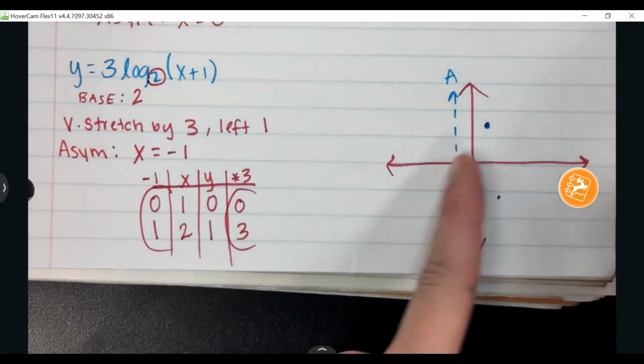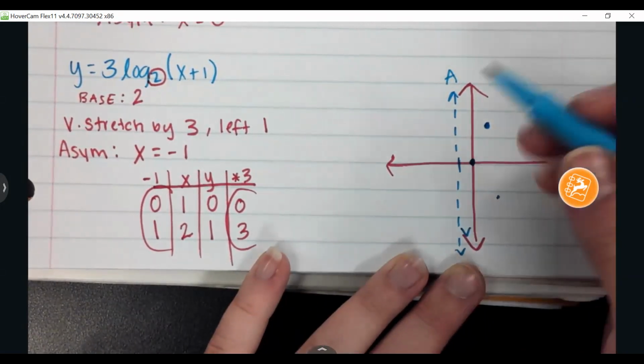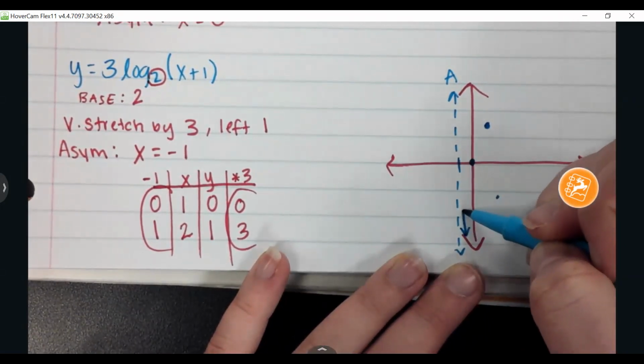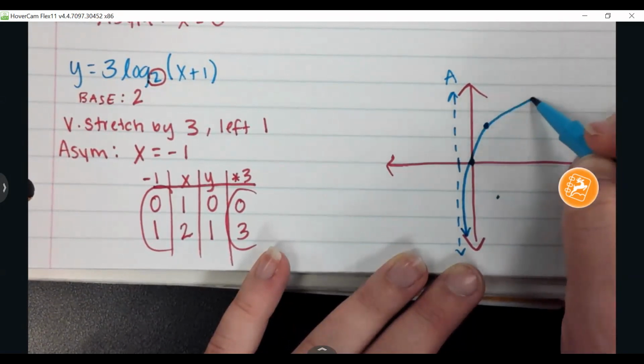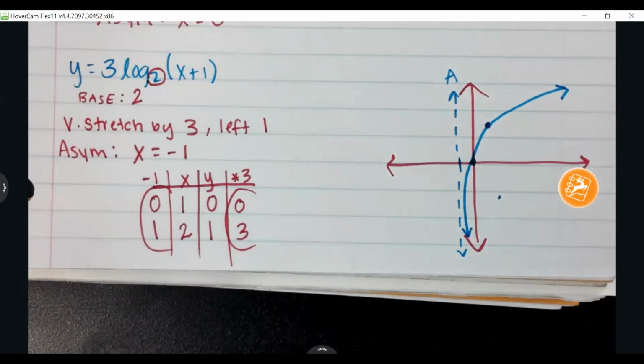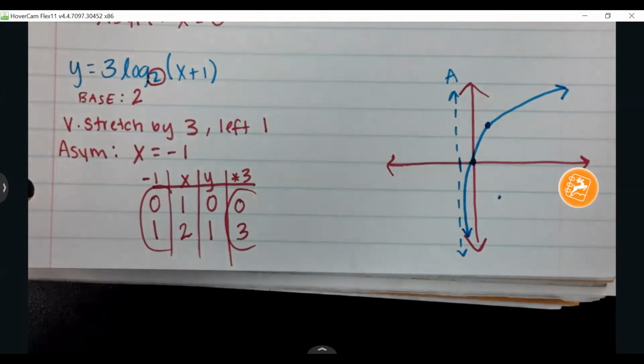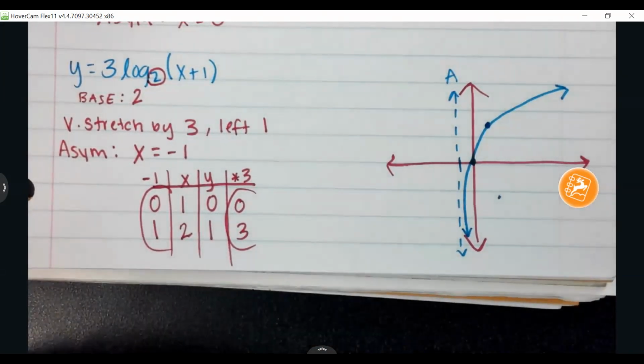So I'm either totally to the right or totally to the left. Straight line as close to your asymptote as it gets, and then curve into both points. It has to be one curve. You can't have a curve up and a curve down. Very, very similar to yesterday. Are there questions?